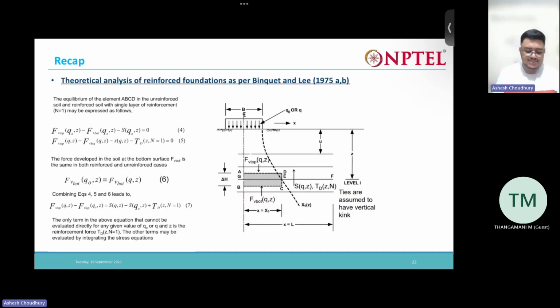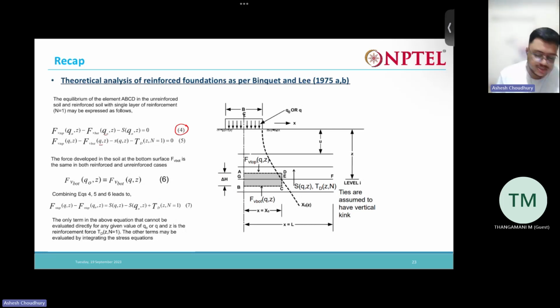Now if we take the vertical force equilibrium of this element ADCB, we get equations 4 and 5. Here you can see there are two terms, Q naught and Q. Equation 4 represents the vertical force equilibrium when there is no reinforcement.